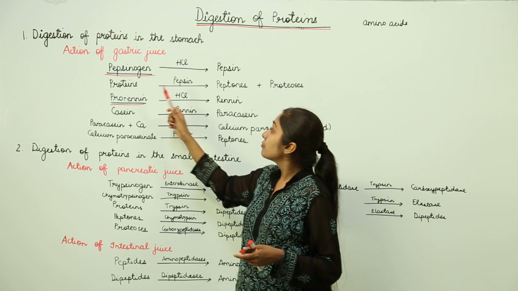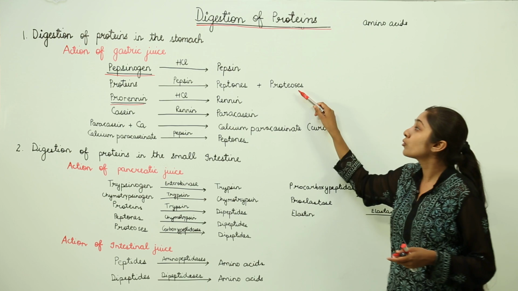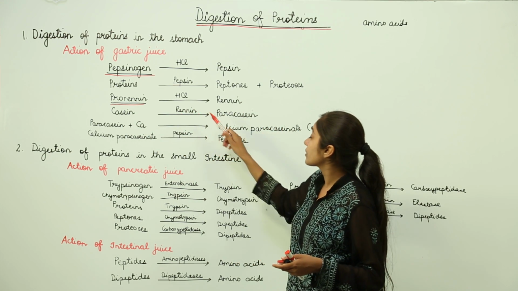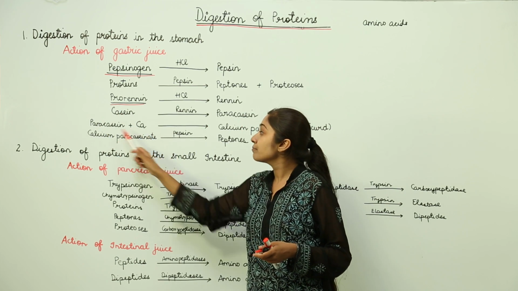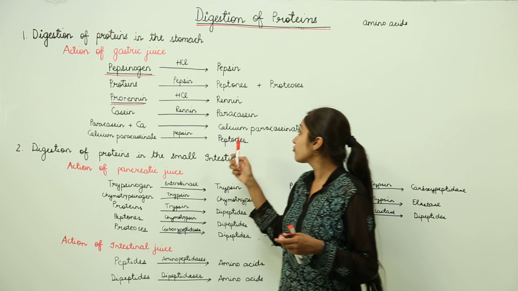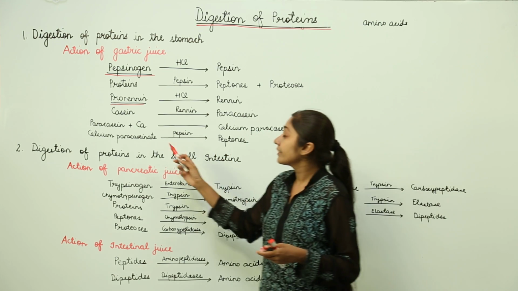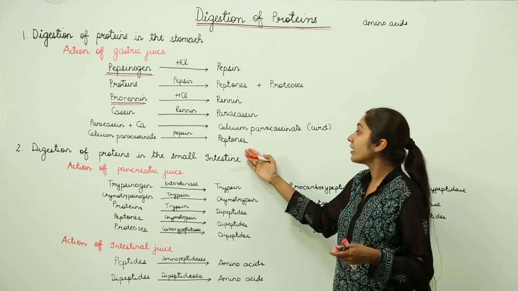For example, proteins in the presence of pepsin are changed into peptones and proteoses. Casein in the presence of renin is converted into paracasein, and then paracasein binds with calcium and forms calcium paracaseinate, that is a curd-like substance. And then calcium paracaseinate in the presence of pepsin is converted again into peptones.